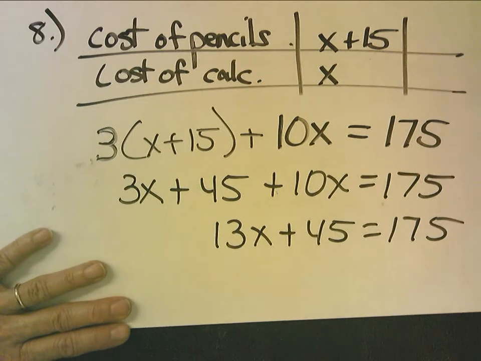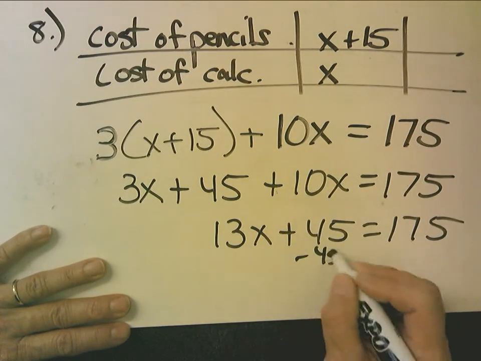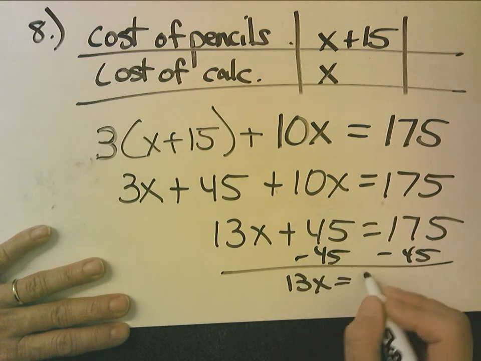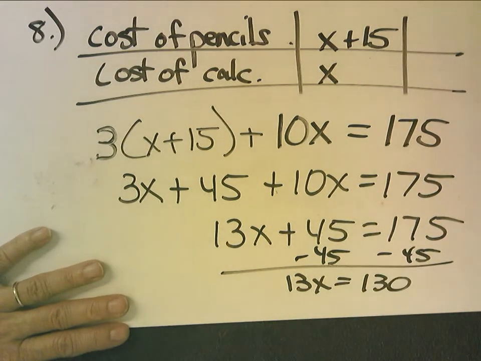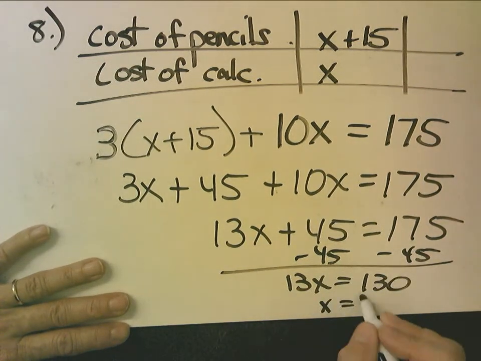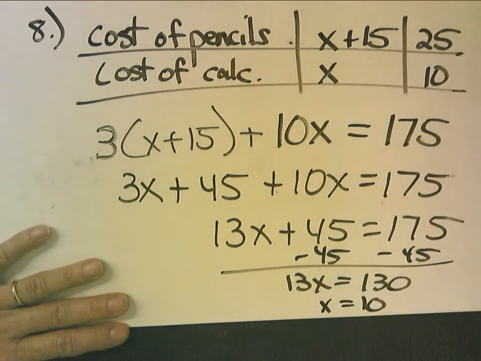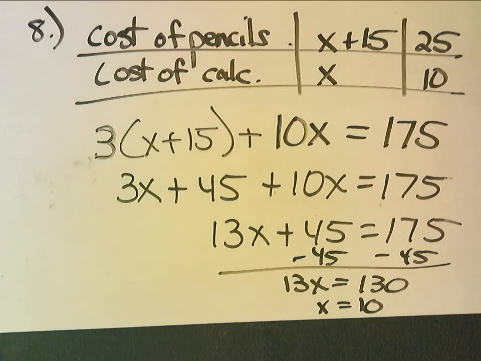I now subtract 45 from both sides. I get 13x equals 130, and x equals 10. So if this is 10, the pencil sharpeners I buy are 25. Okay? So this is the end of the video.